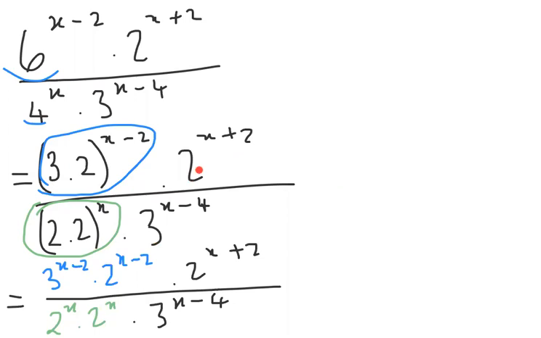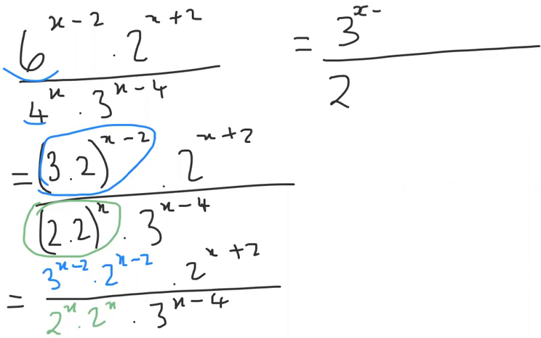So now what I'm going to do is literally just take this 3 and write everything that goes with the 3. So let's put a 3 on top and a 2 at the bottom and just see where we get. So there's a 3 to the x minus 2.